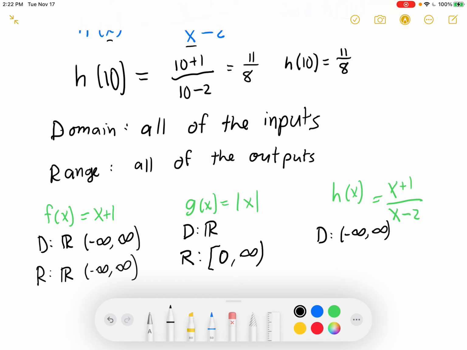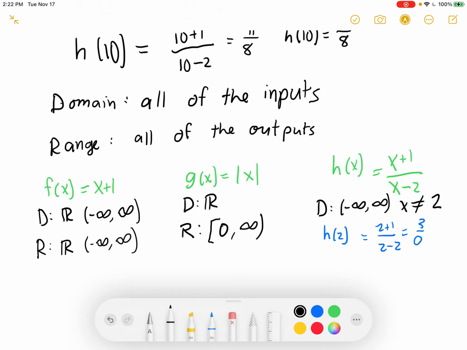However, what happens if we plug in 2? h of 2. Well, we get 2 plus 1 over 2 minus 2. What's 2 minus 2? So that would be 3 over 0. Uh-oh, that's a problem. We can't do that. So that is undefined. Meaning in the domain, we have to say x cannot equal 2. Because if it does, then we have an undefined function, and that's a huge problem for us.